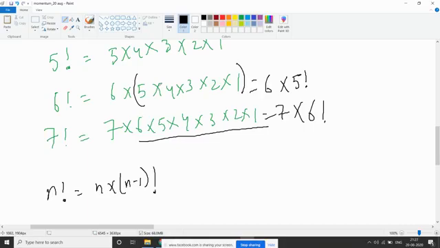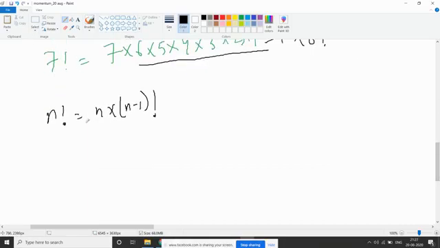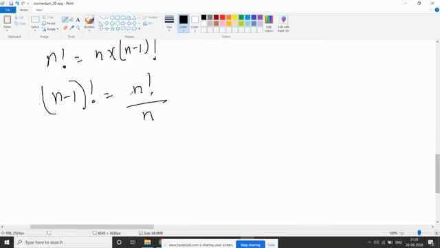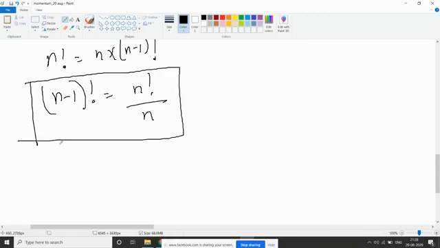So n minus 1 factorial is n factorial divided by n. So this is the formula, n minus 1 factorial equals n factorial divided by n.